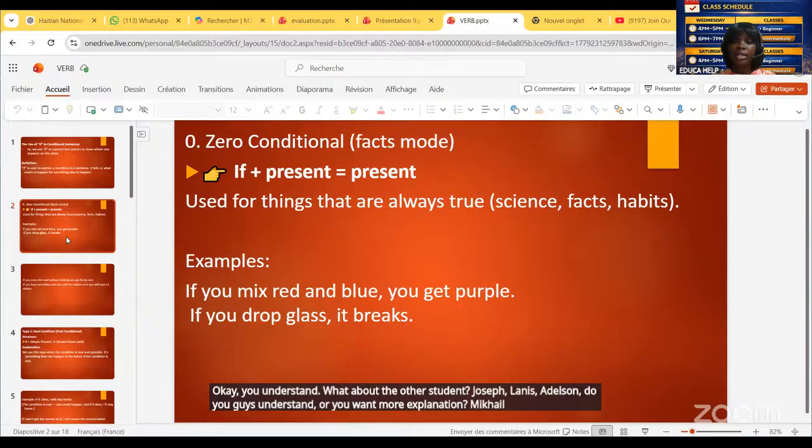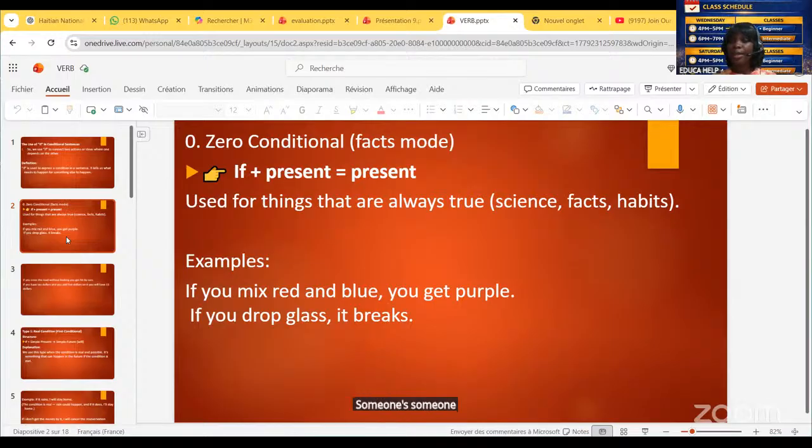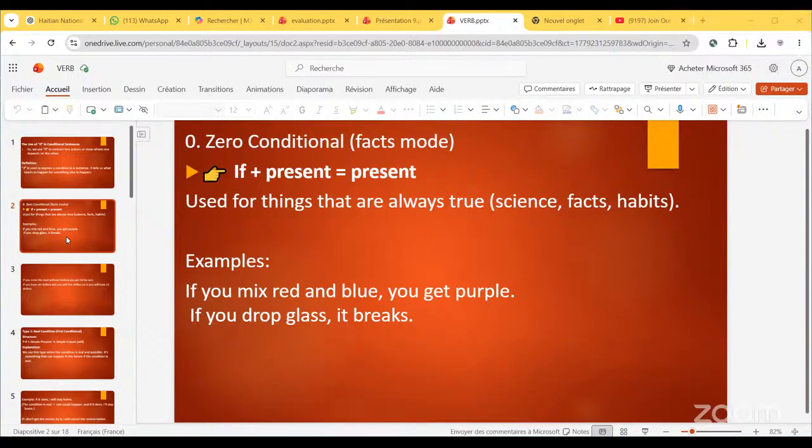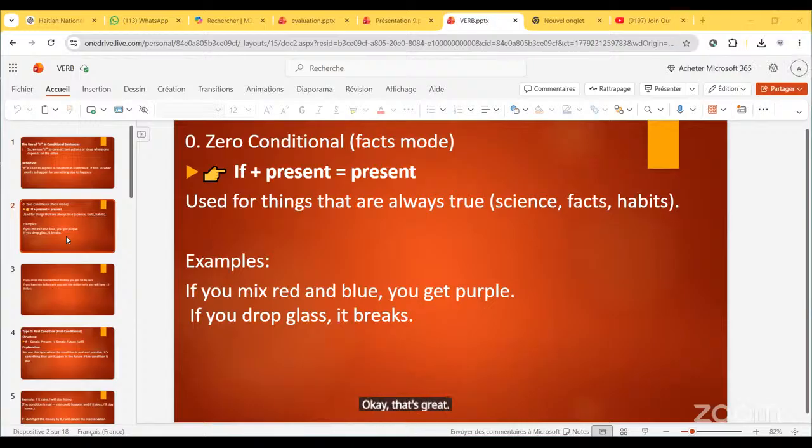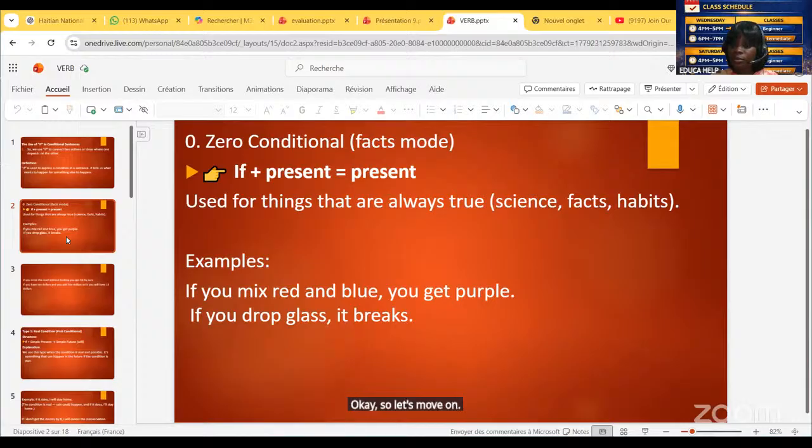Michel-Ange, Olivier, Samlin. Someone on Zoom, what about you guys? Do you understand? Yes, teacher. Okay, that's great. So let's move on.